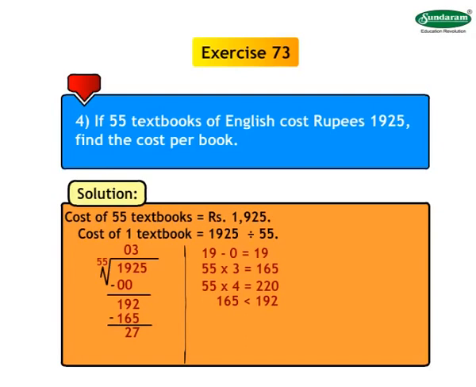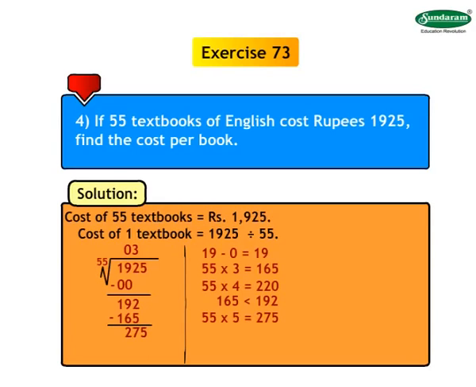Now, bring 5 next to 27. Next, divide 275 by 55. Now, 55 into 4 is equal to 220. 55 into 5 is equal to 275. So consider 55 into 5 is equal to 275, as 275 is equal to the required number.